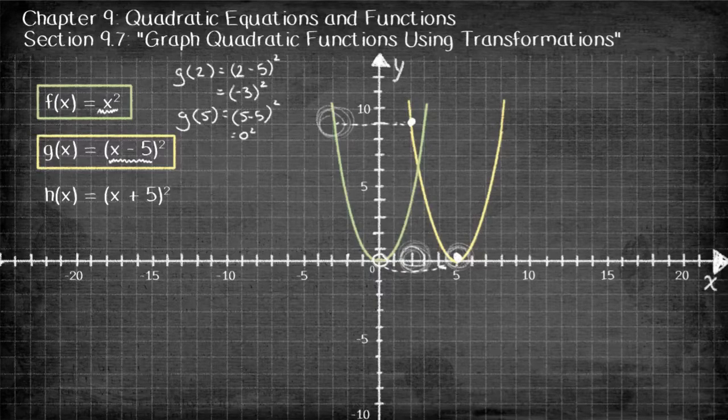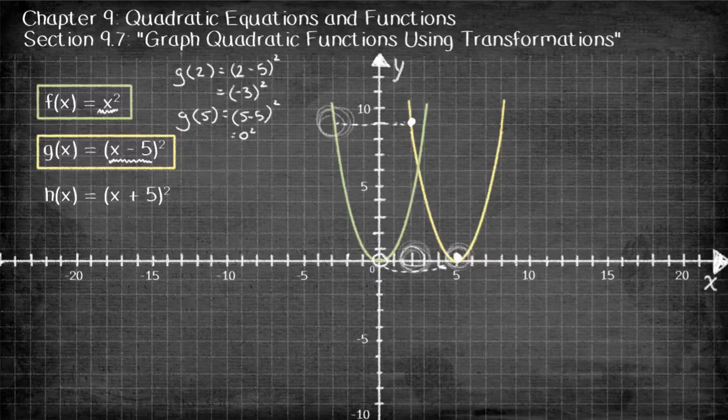So the net effect here is that I am taking all the points on the graph of x squared and moving them to the right by 5 units. It's a little confusing because you usually associate minus with moving left, but it's kind of like you would have to move left 5 units from the graph in yellow to get back to the original one. That's how you want to think about it.